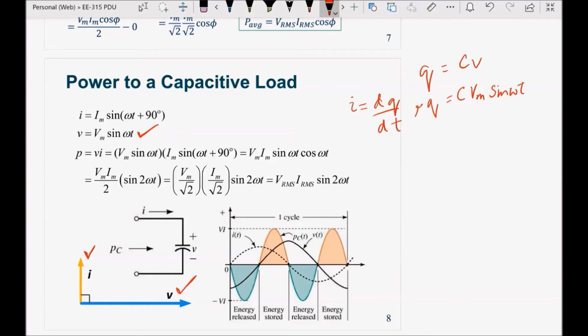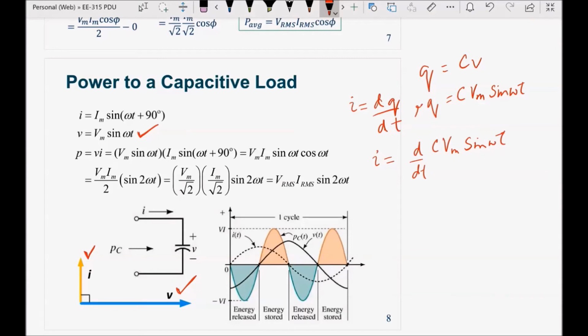Now what we do is we put this value of q in the expression of I, so the instantaneous current can be written as d by dt of C Vm sin omega t.